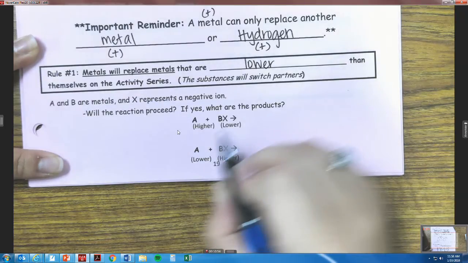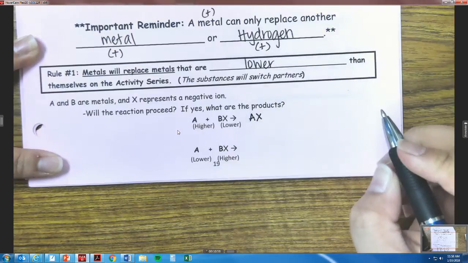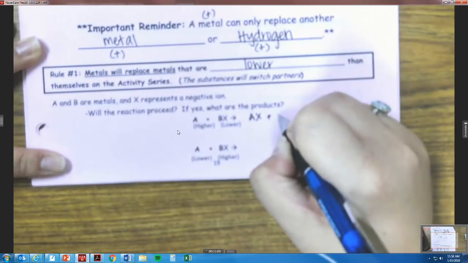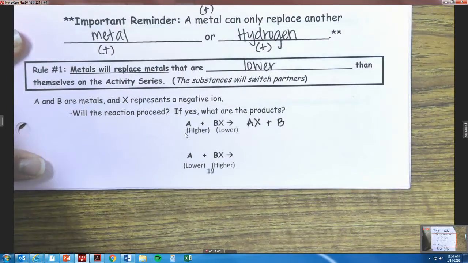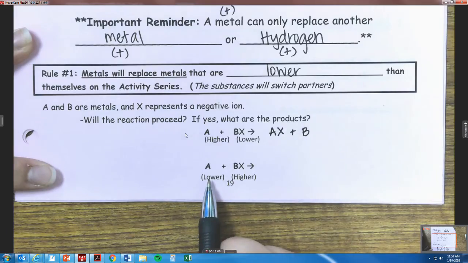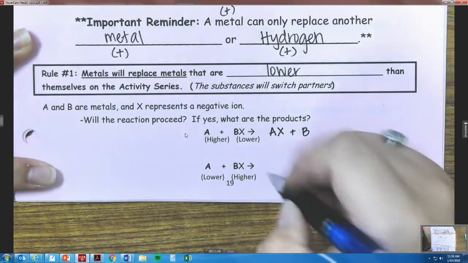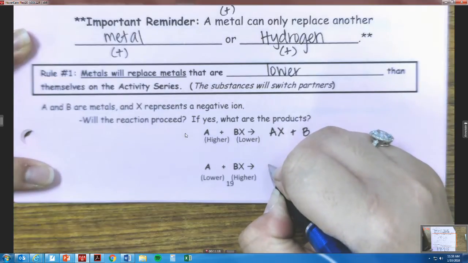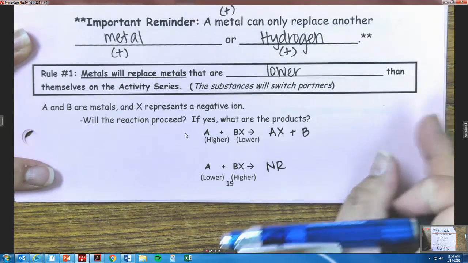So if they're going to switch places, then A is going to be the one with X, and B is now the one that's going to be all by itself. And then our second example: is the metal that's by itself higher than the metal in the compound? In this case, no, it's lower. So this one is going to be no reaction. All right, so moving on.